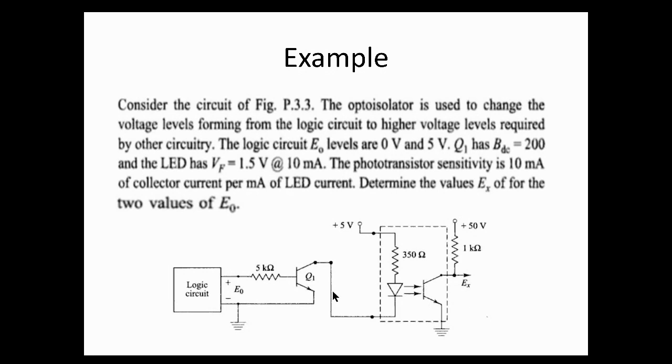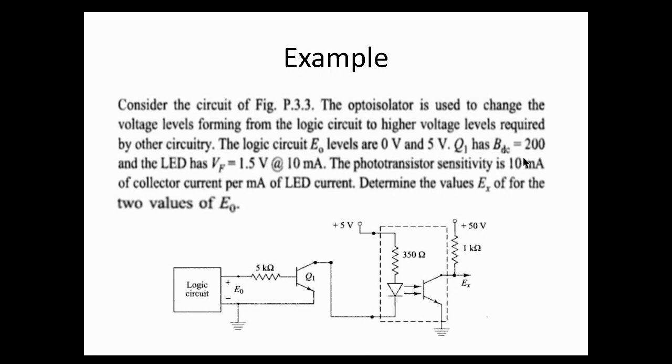When we have 5 volts, I want you to tell me what is the output voltage there. So that's basically the question, right? So the opto isolator is used to change the voltage level from the logic circuit to the higher voltage level required by another circuit, right? So we have 0 volts and 5 volts.